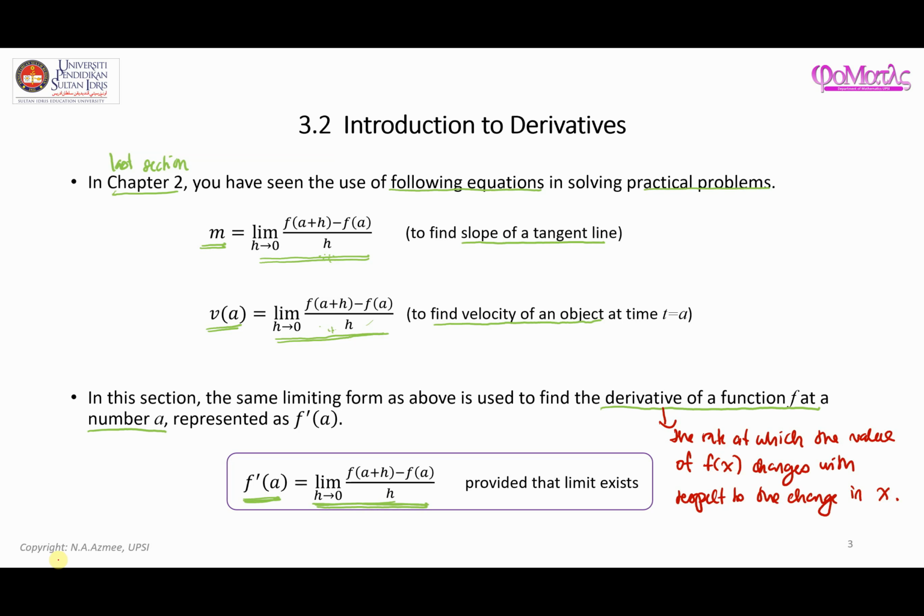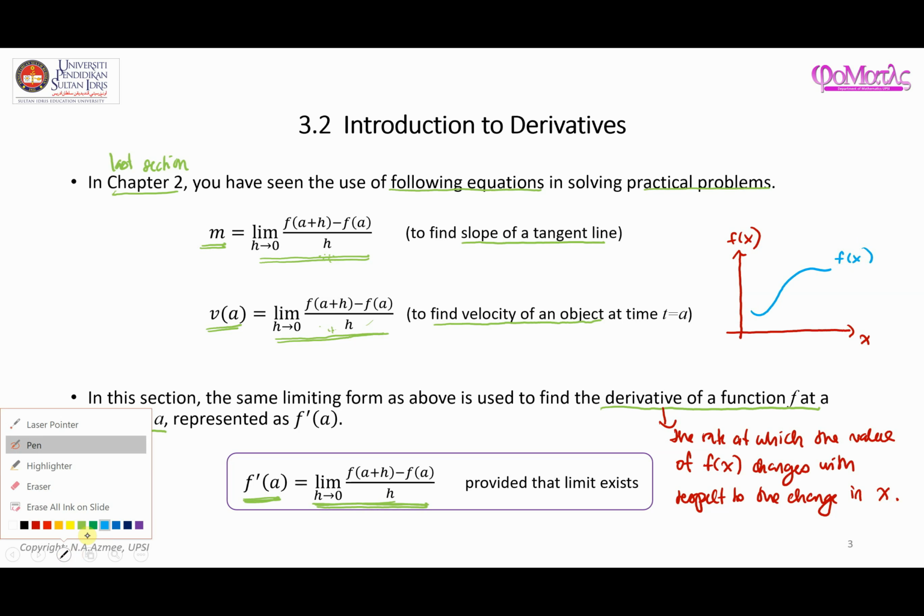And if you want to visualize what's going on with this statement here, you can imagine having a graph. So we have x and f(x), and here we have some sort of a function, let's say represented by this curve. So this is function f(x), and let's say you are interested in a specific point of x. So that point could be point A, maybe somewhere here.